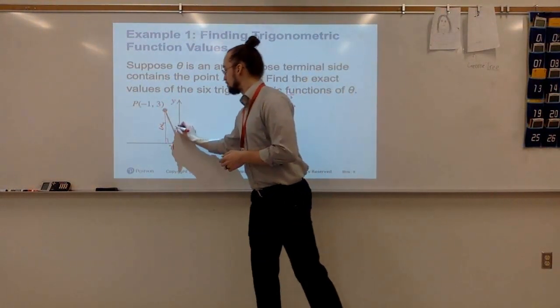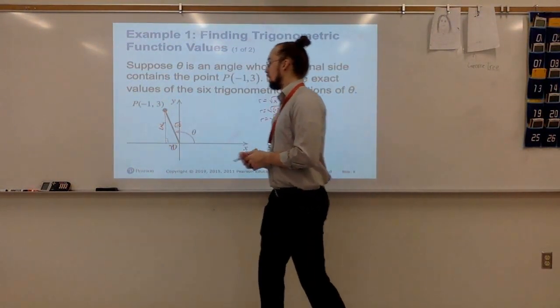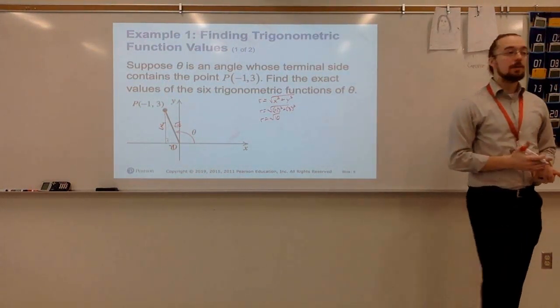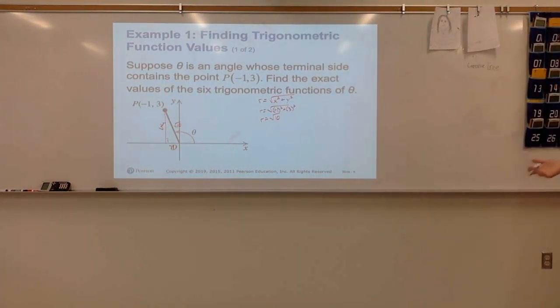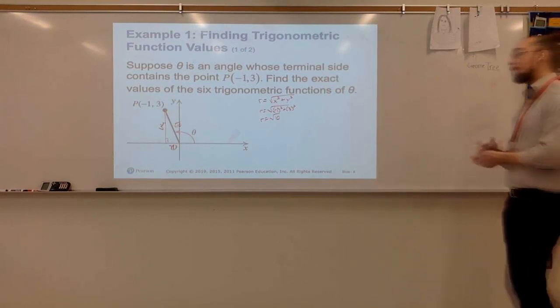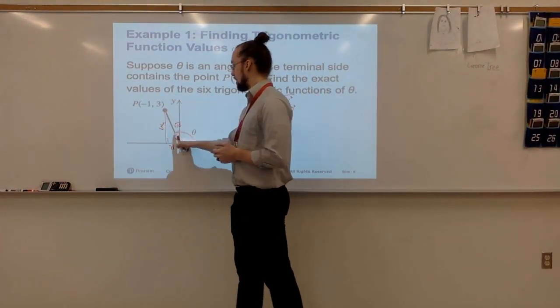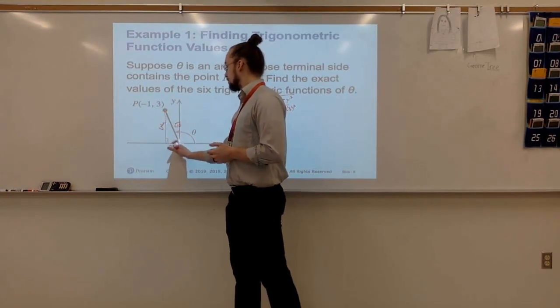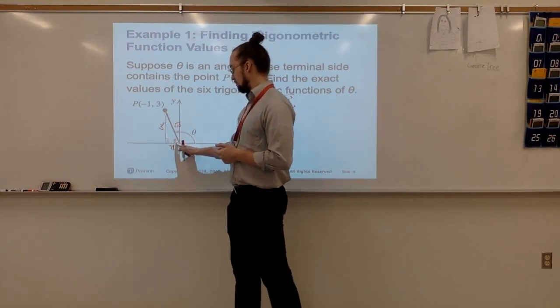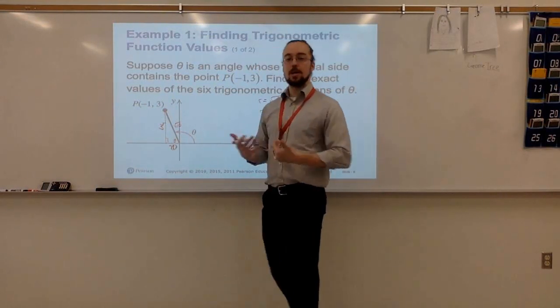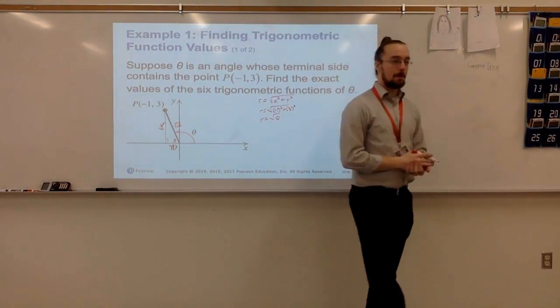So all we're saying is we've got a right triangle here with these 3 dimensions. Give me all 6 trig functions. The trig functions of this angle are actually going to be the exact same as thinking about this as theta in our right triangle here.